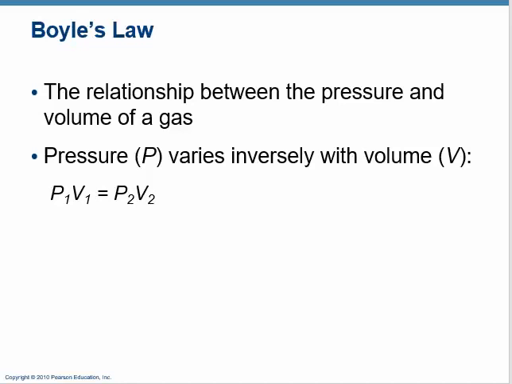So what he's saying is pressure varies inversely with volume. As volume goes down, pressure goes up. As volume goes up, pressure goes down. And that there's an equilibrium in that.